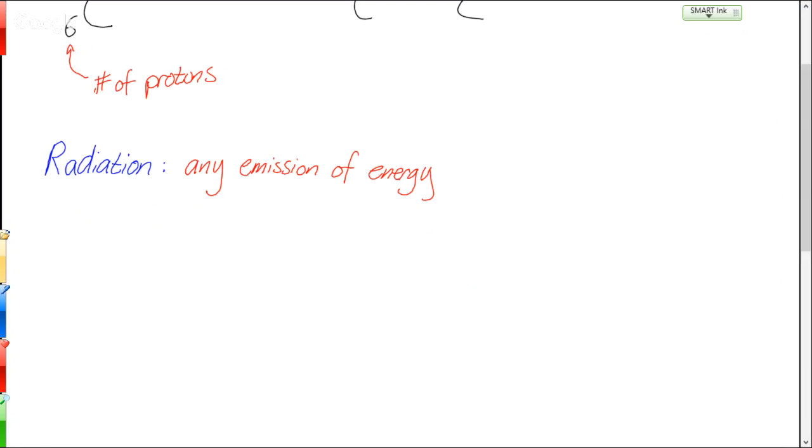When you make a call on your cell phone, you transmit microwaves in that case to the cell phone tower, and that's radiating energy. So that's radiation also. Radiation does not need to be dangerous. It's not necessarily bad for you. It has kind of a scary connotation, but it just means any energy coming off of something, coming away from something. You know, it could be light, you know, an LED, whatever.